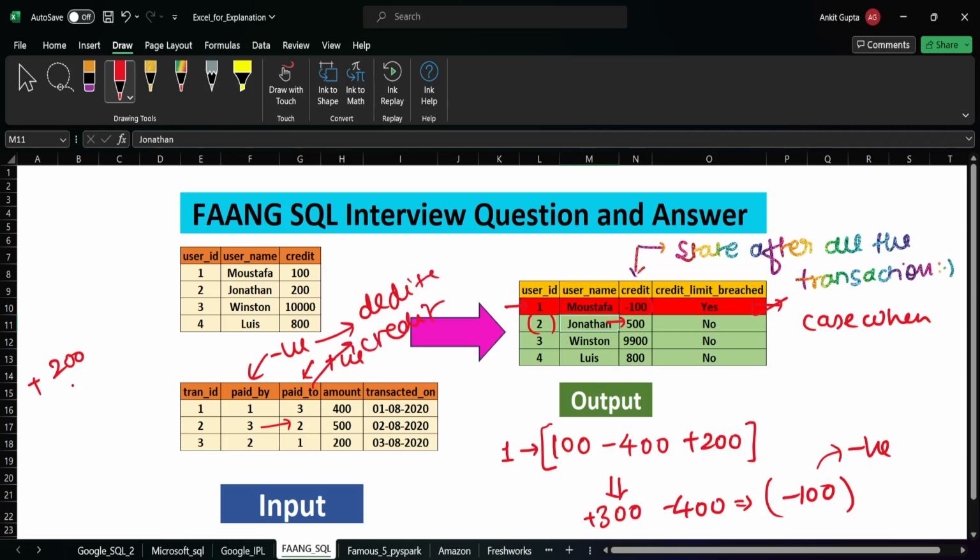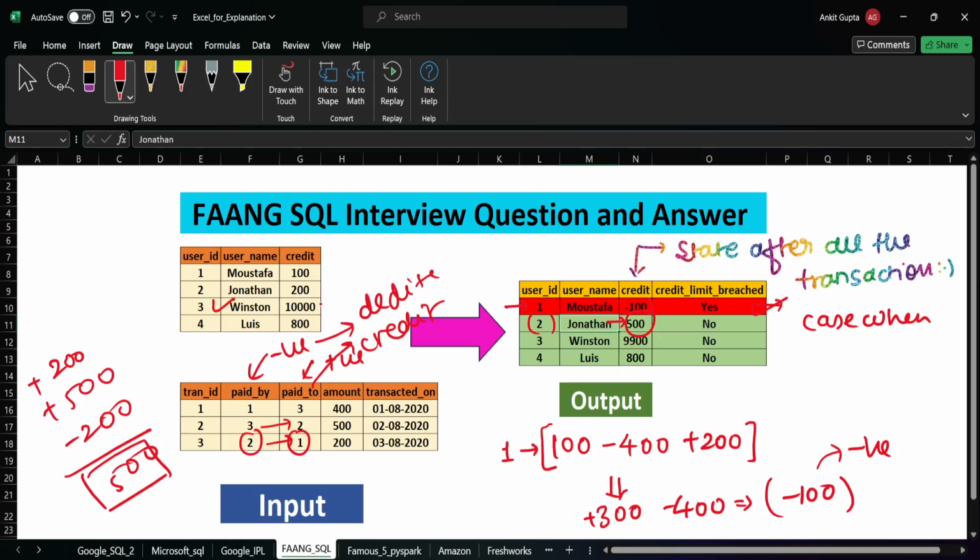So here we can see that he is getting 500, so we have plus 500, and then again he is paying 200, so it is a debit. Altogether, if we sum up, it is 500.